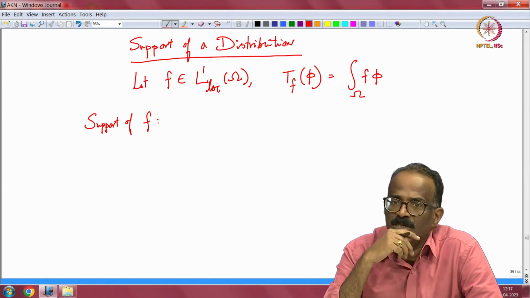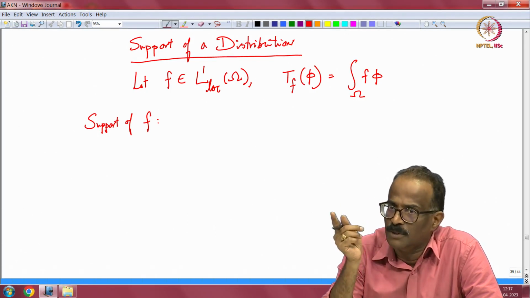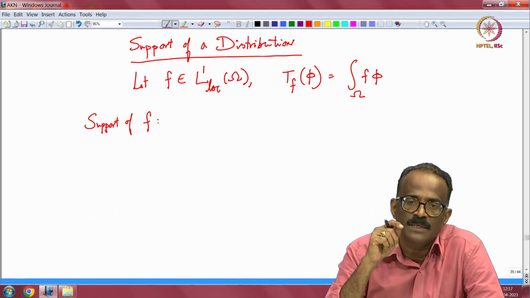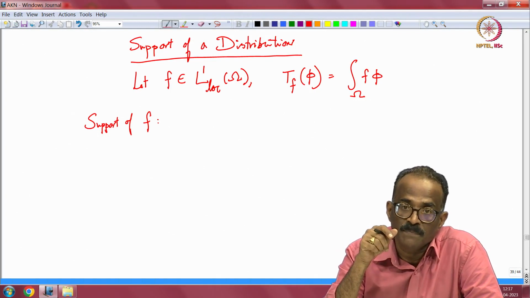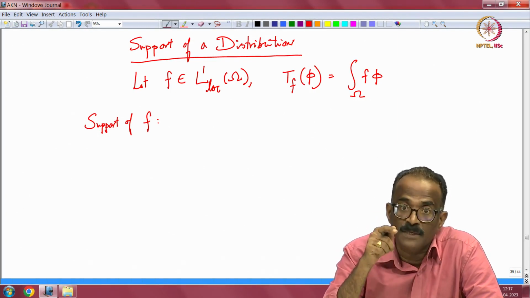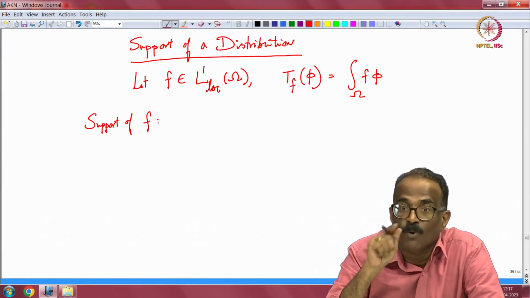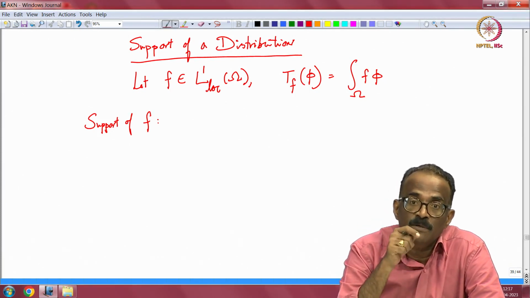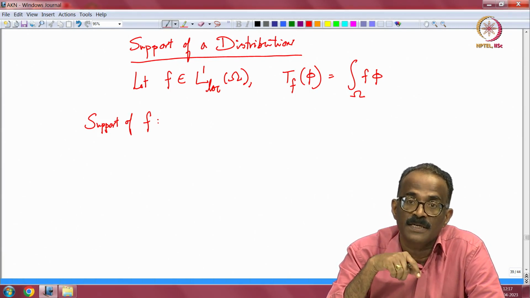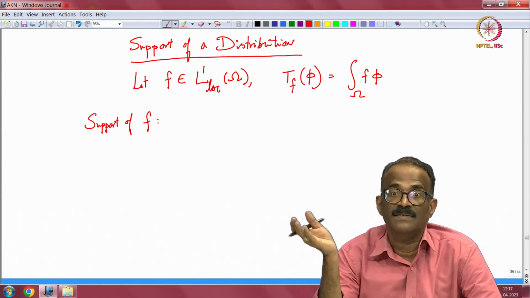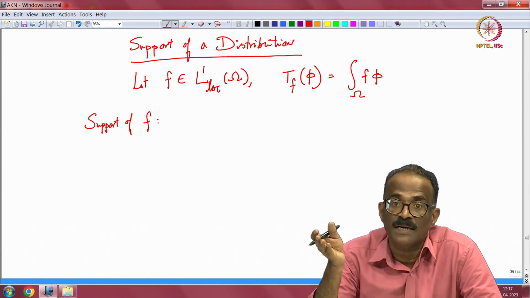But that definition is not possible to extend to distributions because a distribution is not defined pointwise. Indeed, the support of a distribution is also going to be a subset of Ω, not a subset of D(Ω). But this pointwise understanding of a function cannot be directly generalized.